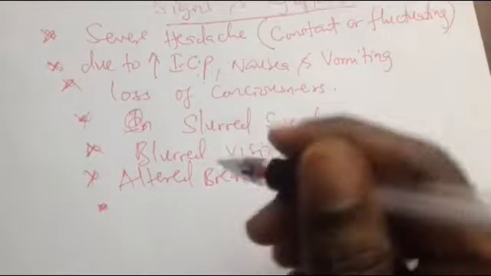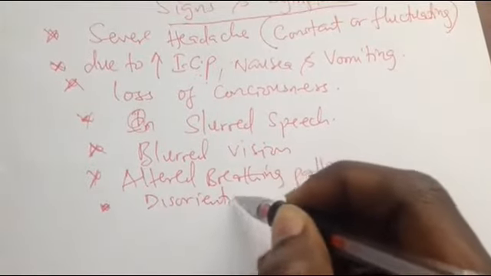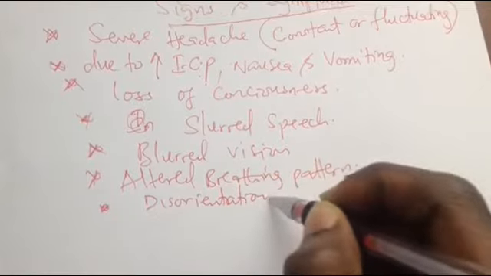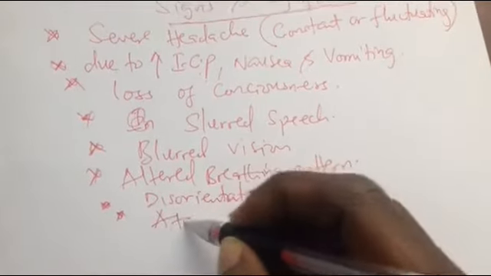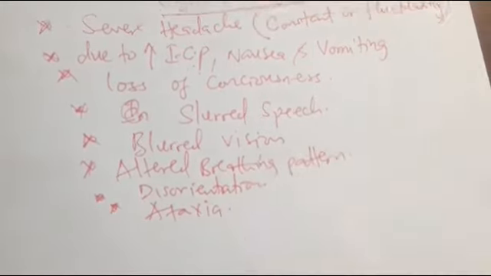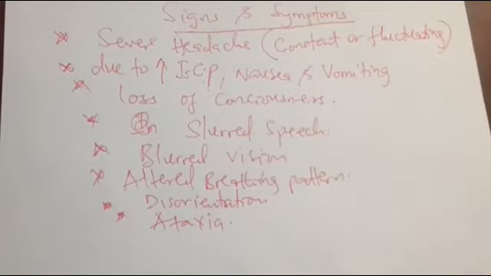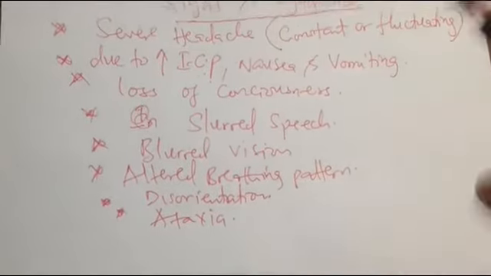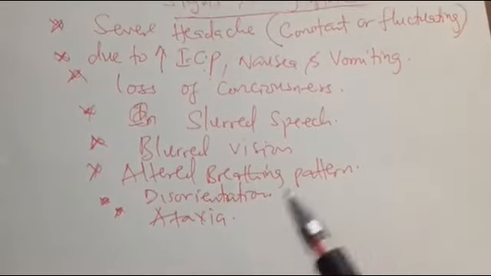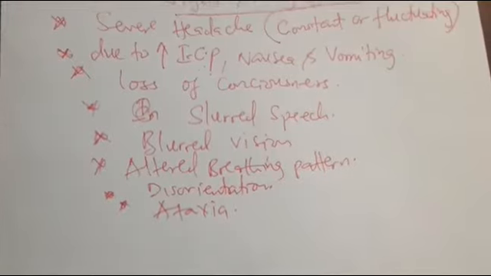Again, the patient may suffer from disorientation. Sometimes the patient may even have ataxia. That is because this blood is compressing against the cerebral cortex and then the cerebellum or whatsoever, depending on the extent of the bleeding or collection of the blood.